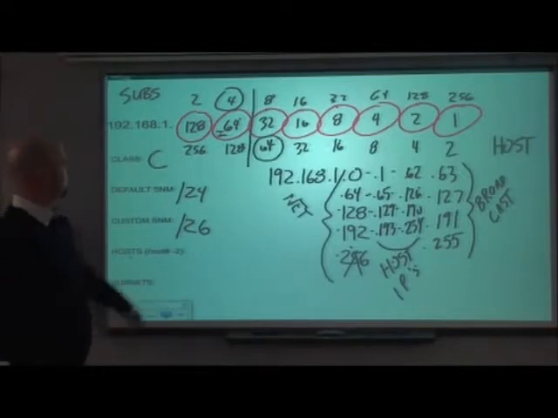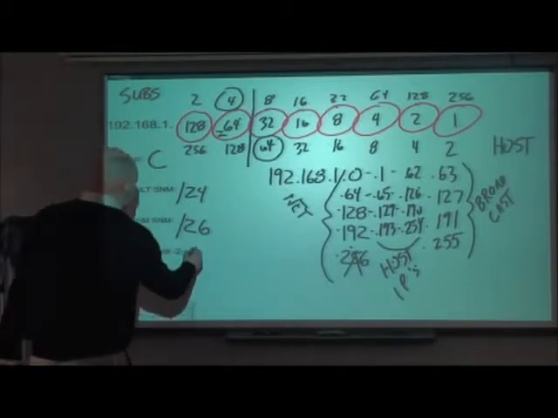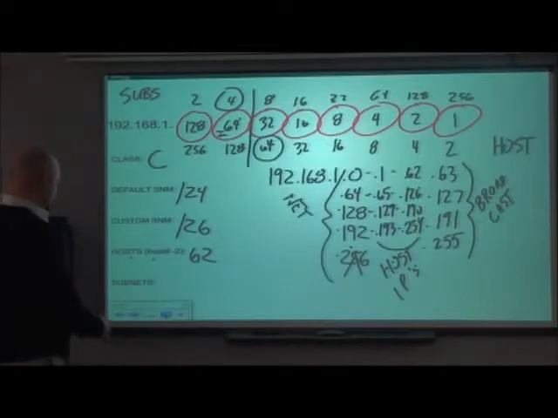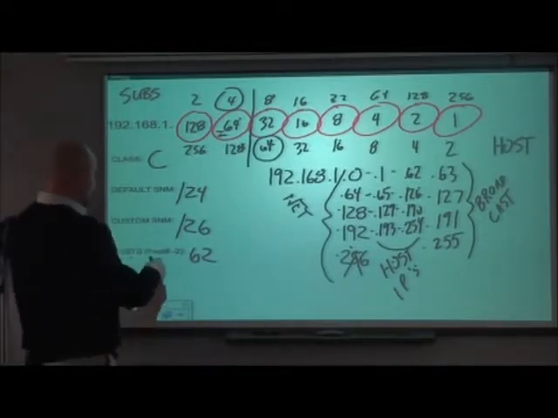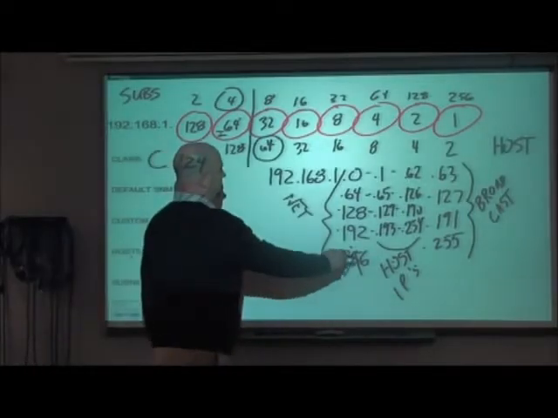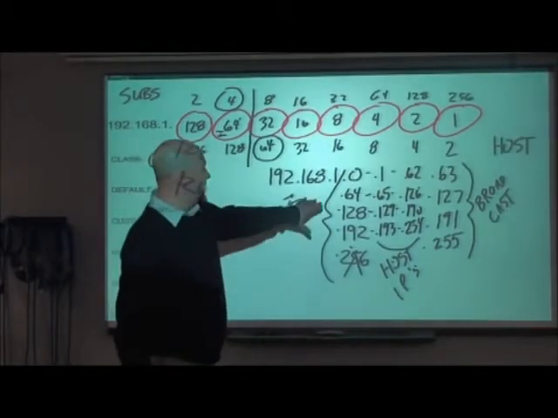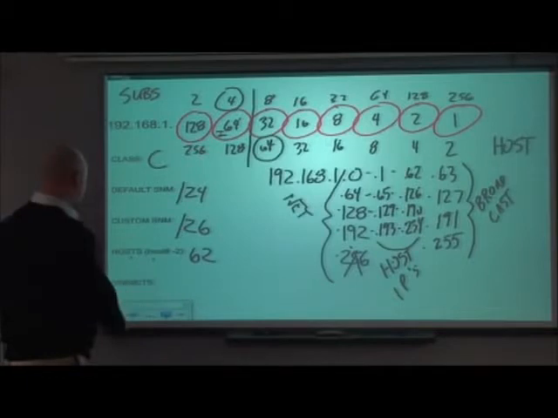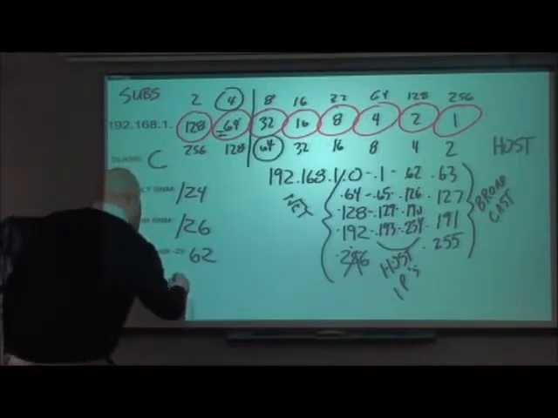Now our host. We had 64 hosts. We'll take our host number, subtract 2, and get 62 total hosts. 62 host IPs, and then the host addresses and the broadcast addresses. Subnets will have 4.